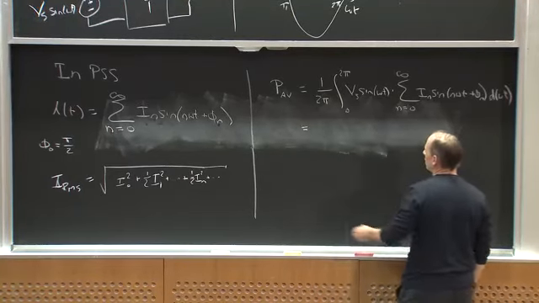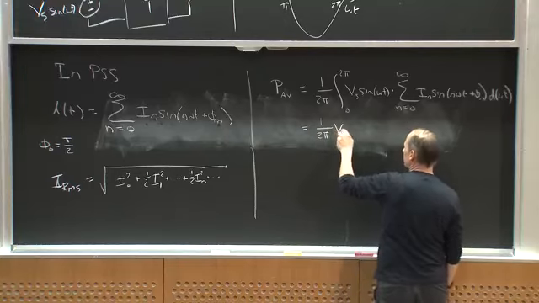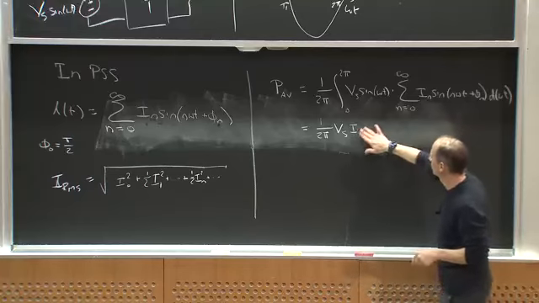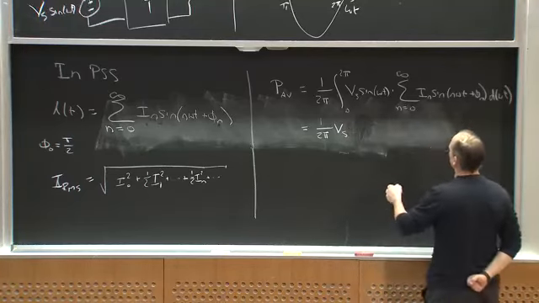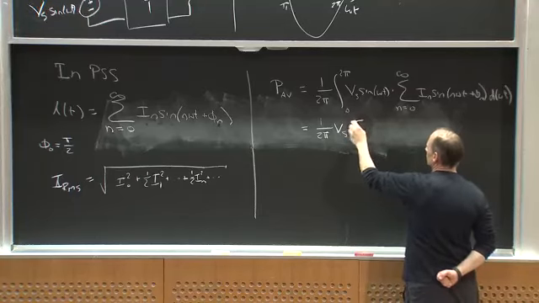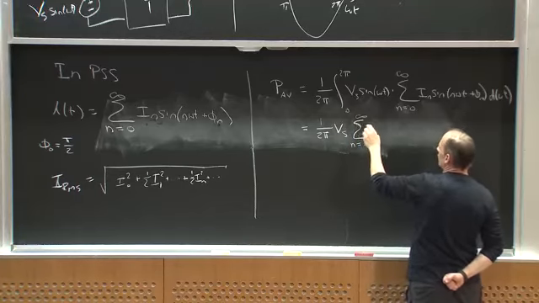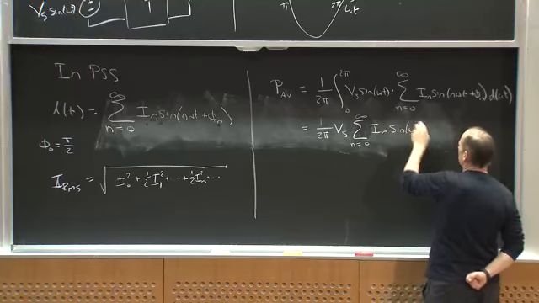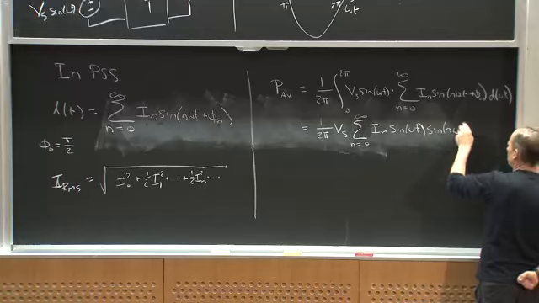This would give me 1 over 2 pi Vs, summation n equals 0 to infinity of I sub n, integral of sine omega t sine of n omega t, d omega t.